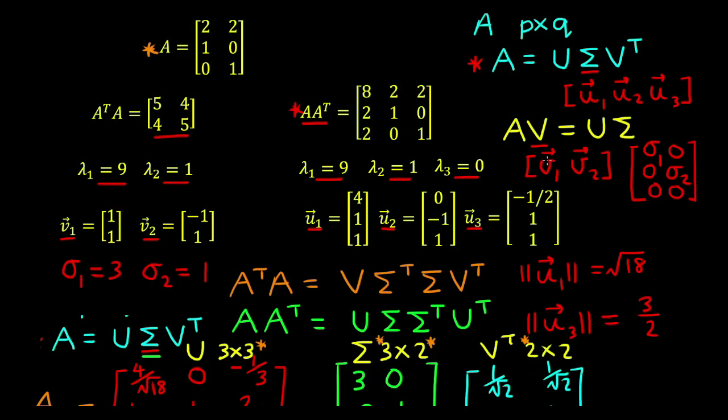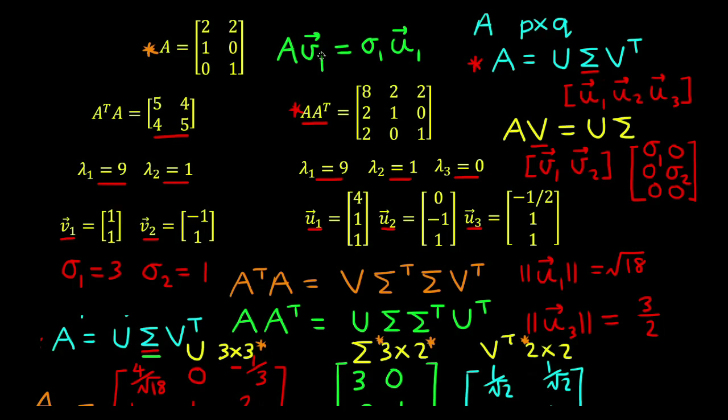So therefore, if we compute AV1 for example, that's equal to U1 sigma 1, or sigma 1 U1. And then we have AV2 is sigma 2 U2.